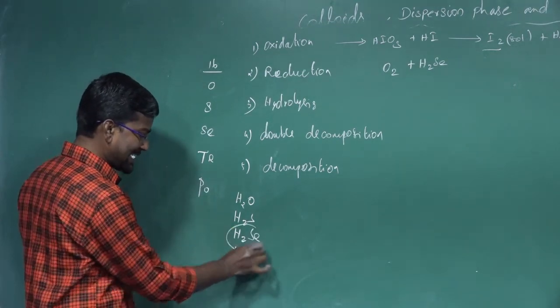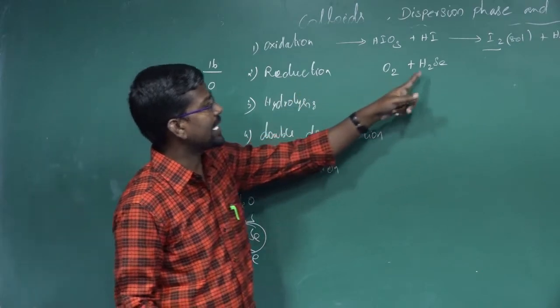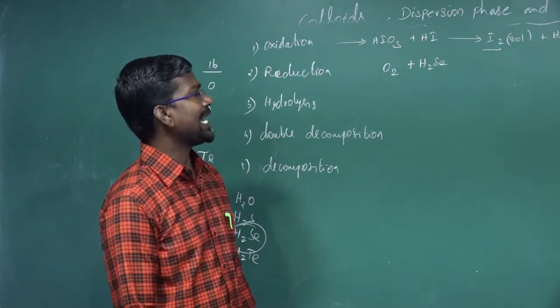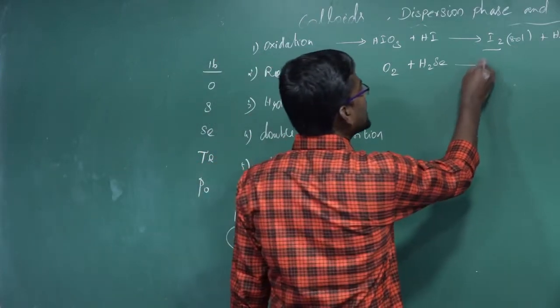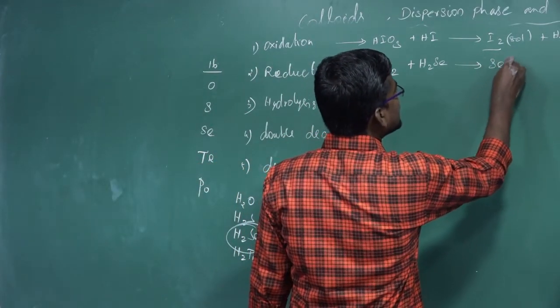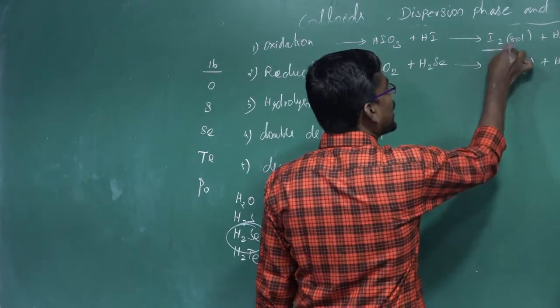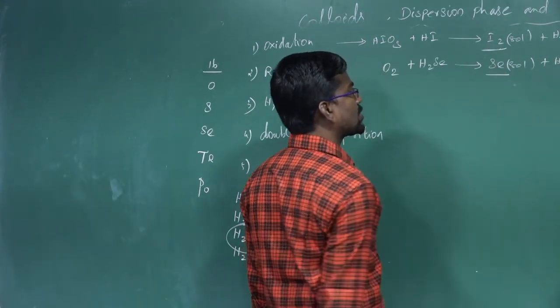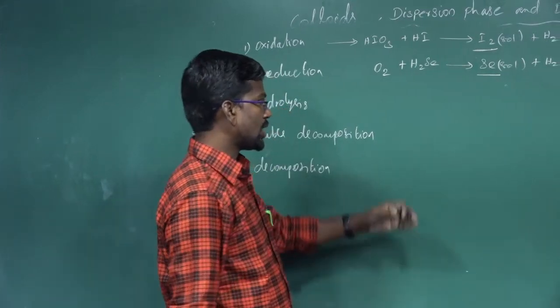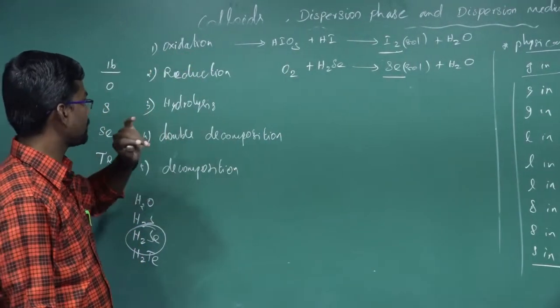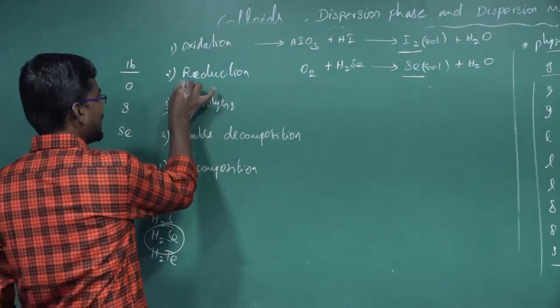Oxygen gas passed through hydrogen selenide, H2Se, forms a selenium sol plus H2O. So iodine is a non-metal, selenium is also a non-metal. So a non-metal sol can be prepared by the oxidation method. It is important.